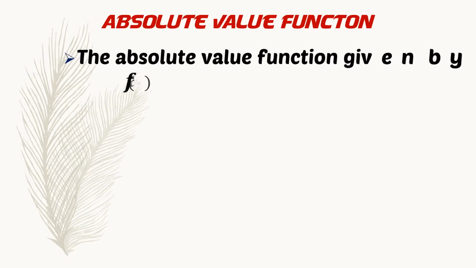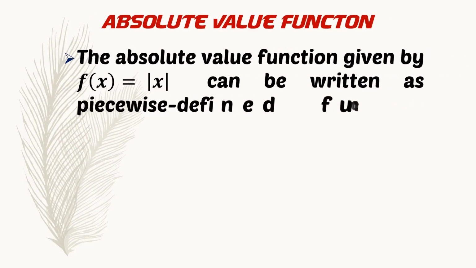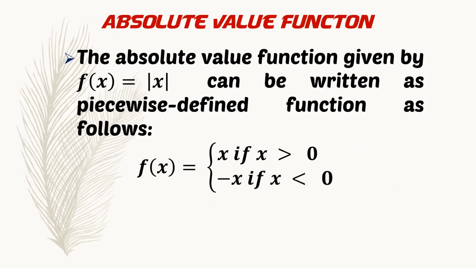An example of a piecewise function that you have learned in your junior mathematics is the absolute value function. It is represented by the equation f of x is equal to the absolute value of x. Using a piecewise defined function, we can write it this way. f of x is equal to an open brace, and then you write the two equations. You have x, if x is greater than 0, so you will have a positive input.